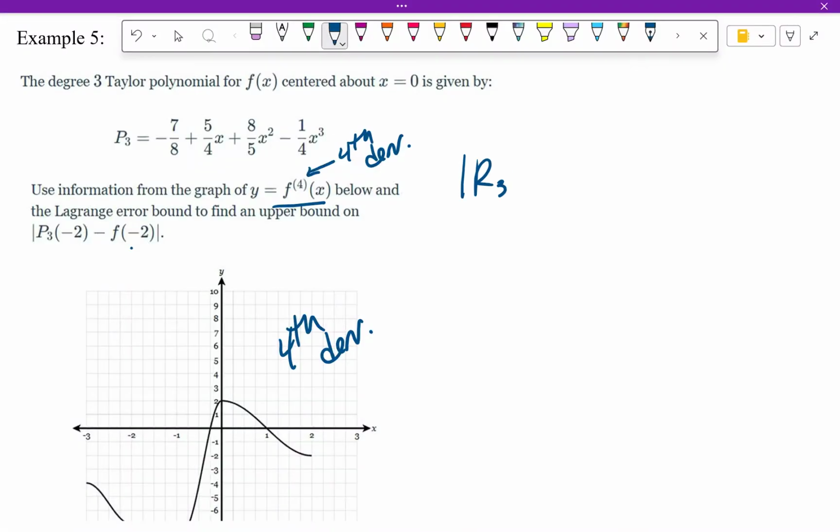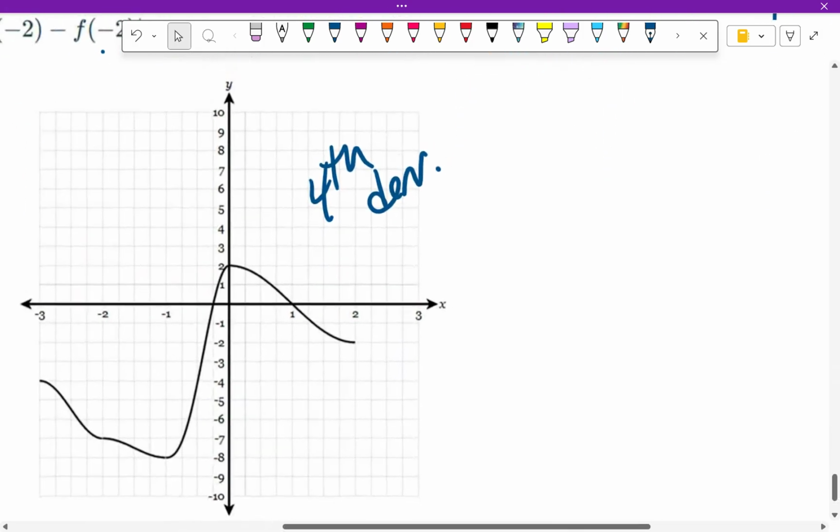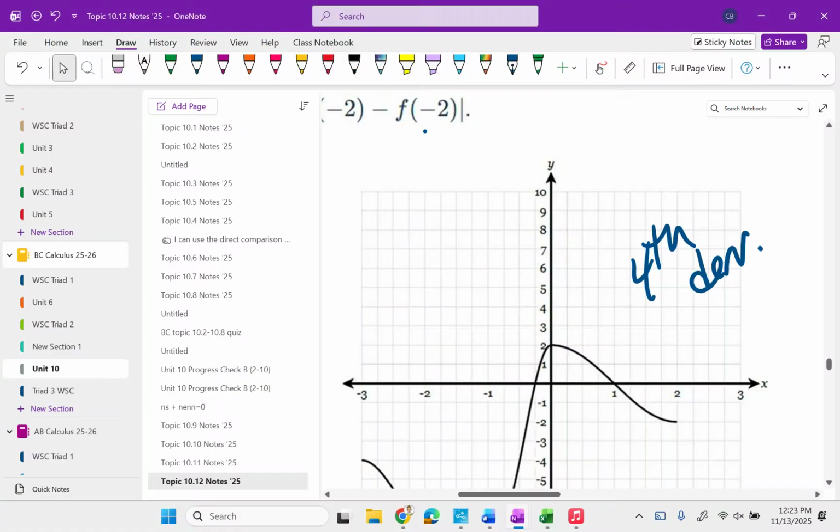So remainder sub 3, because it said degree 3, right, of x, is less than or equal to. All right, remember we're all about the first omitted term, right? So what we are looking at here, okay, this is the fourth derivative. And let's go back and look at that formula one more time. Hold on.